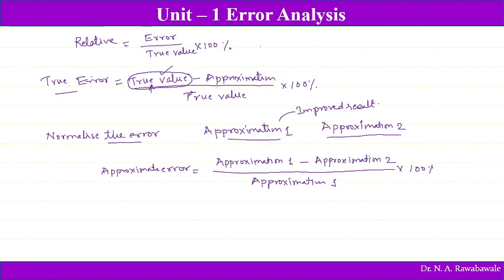So in place of the true value, the first approximation is placed in the numerator as well as in the denominator. So this gives us the approximate error.